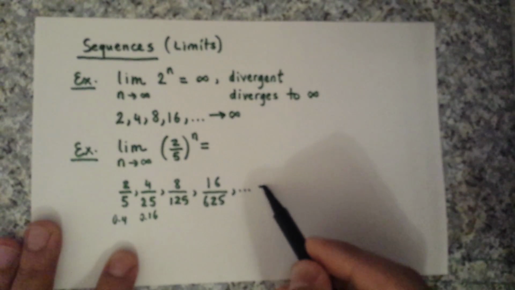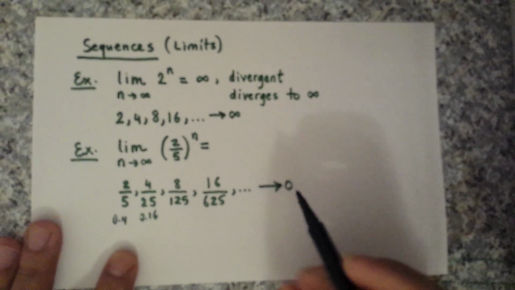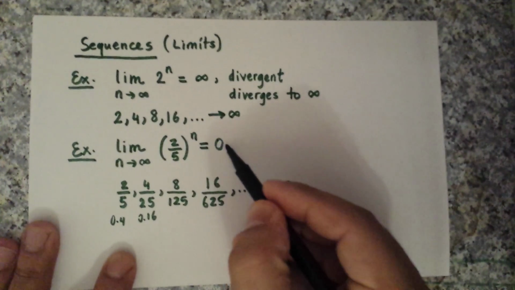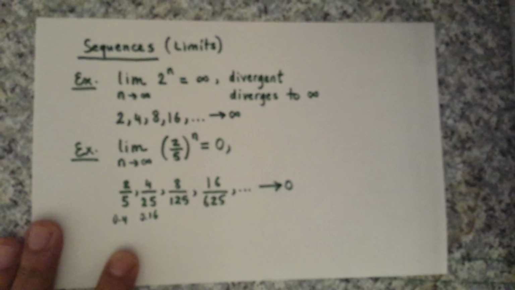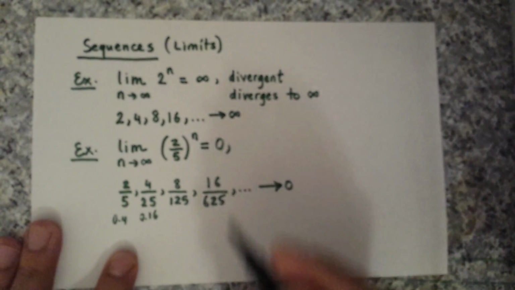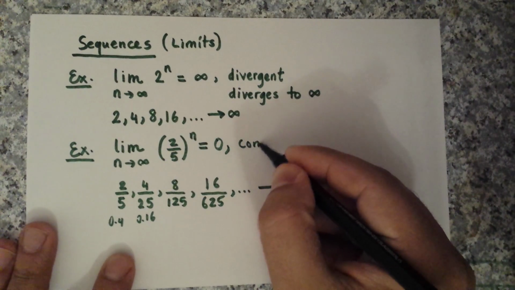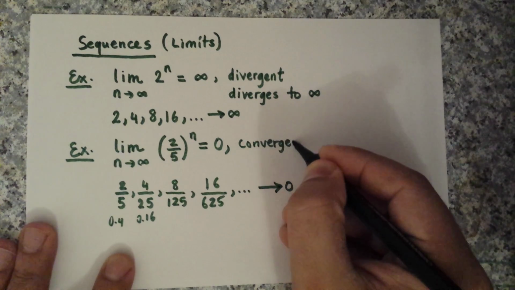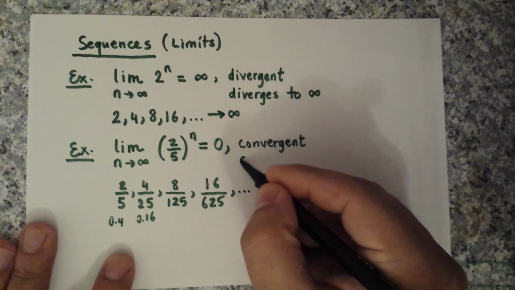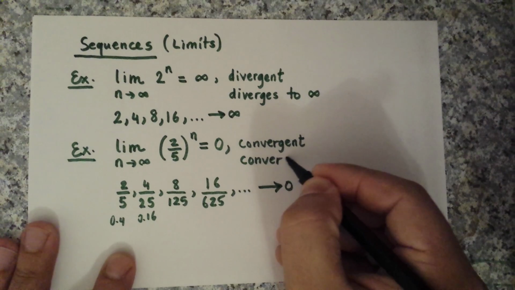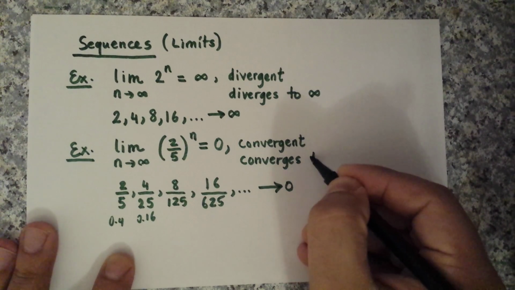So this sequence will go to 0. So the limit is 0, and if the sequence approaches a number, then we call it convergent. In a similar way, we can say it converges to 0.